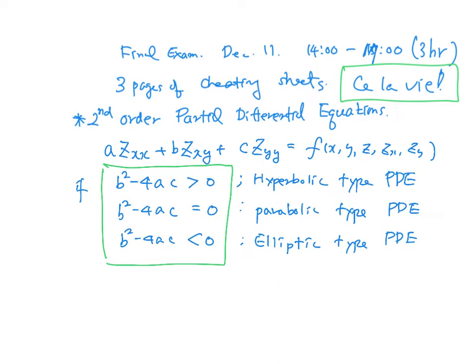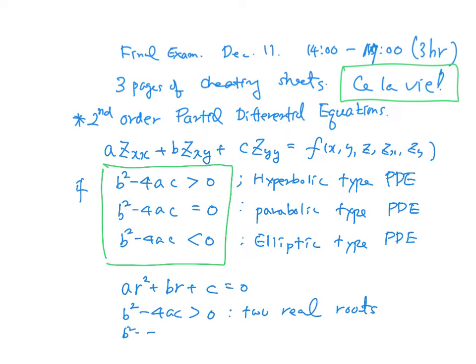This must be something familiar from your middle school days, right? It's called the discriminant, or in Korean, 판별식. For example, a r squared plus b r plus c equal to 0, a second order equation. If b squared minus 4ac is greater than 0, then 2 real roots, right?